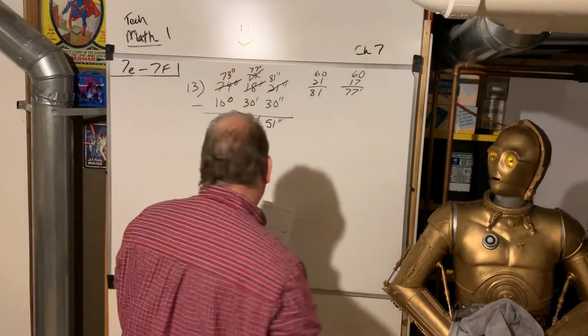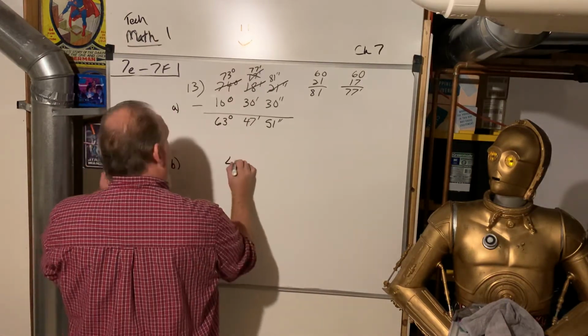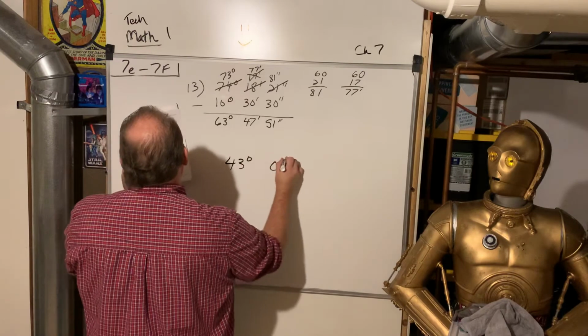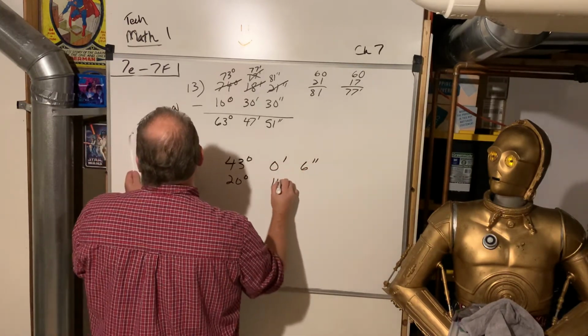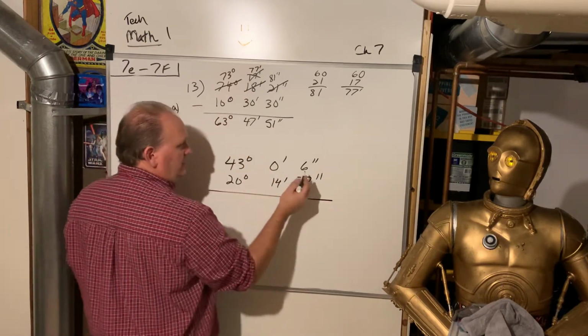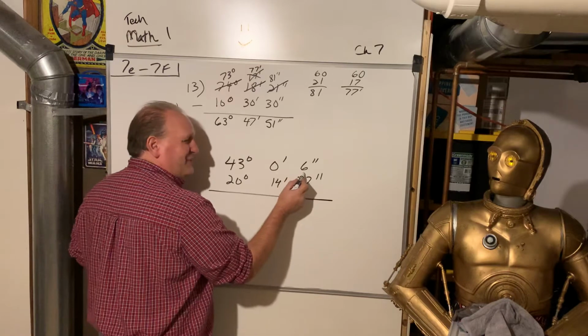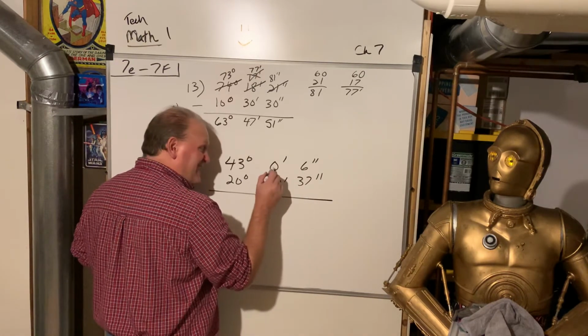Let's do one more. So that was letter A. Let's do letter B. 43 degrees, 0 minutes, 6 seconds, minus 20 degrees, 14 minutes, 37 seconds. So, oh no, look at what happens. We have to borrow from here, but there's nothing there.